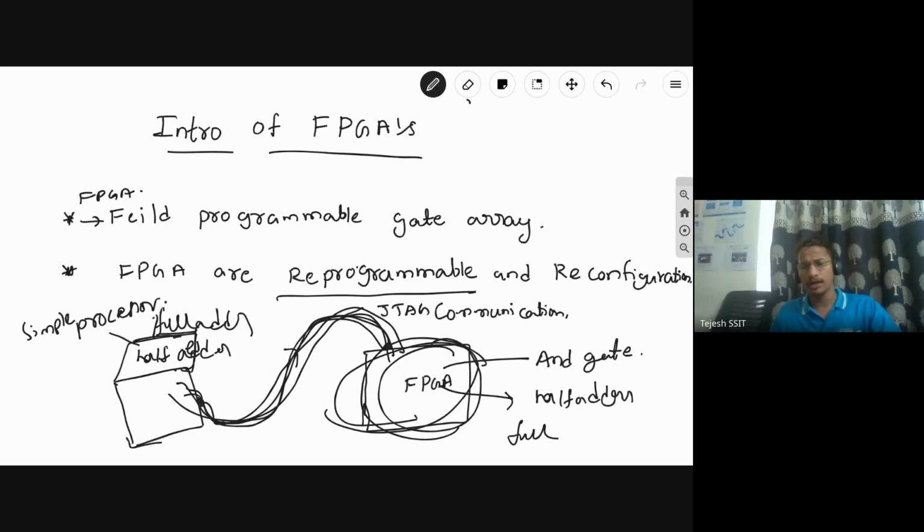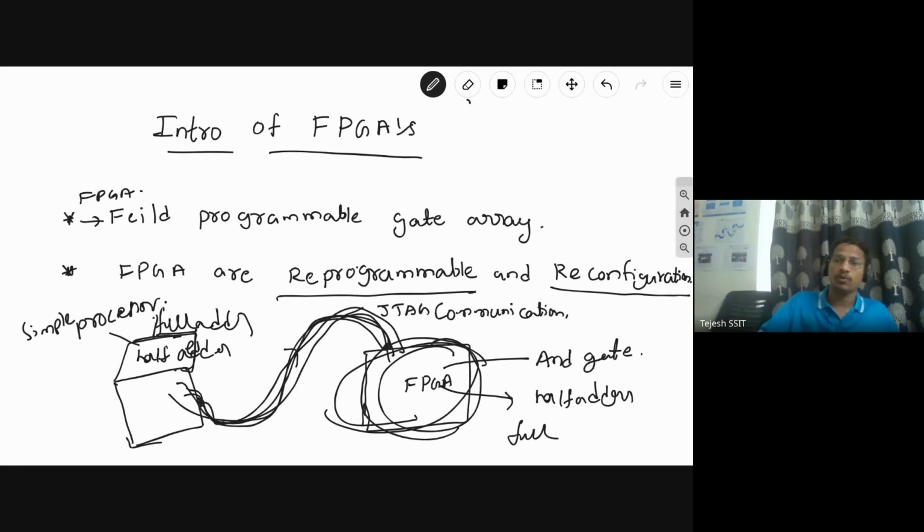You can dump any number of codes and it acts like that. And you can dump any kind of code; that is called reconfigurable.